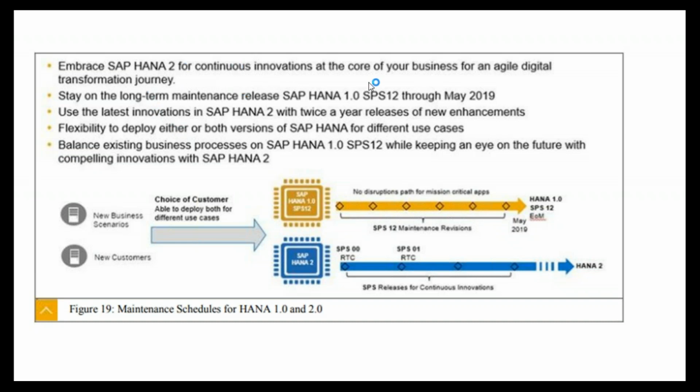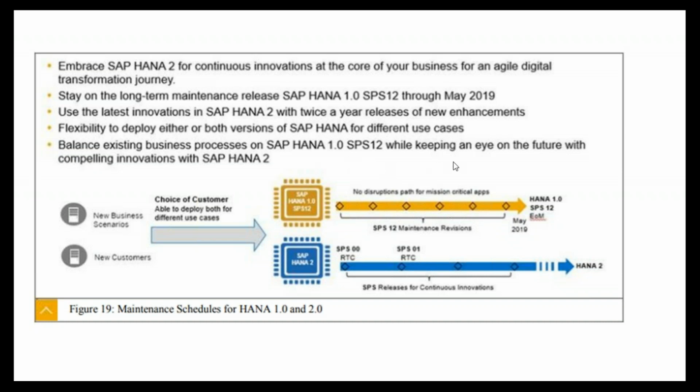So HANA 2 is for continuous innovations for the core of our business for an agile digital transformation. Long-term maintenance release, HANA 2.0, with a twice a year release of new enhancements. So in HANA 2.0 again we'll have the latest innovations which can be installed in the next version. Flexibility to deploy either or both versions of SAP HANA.